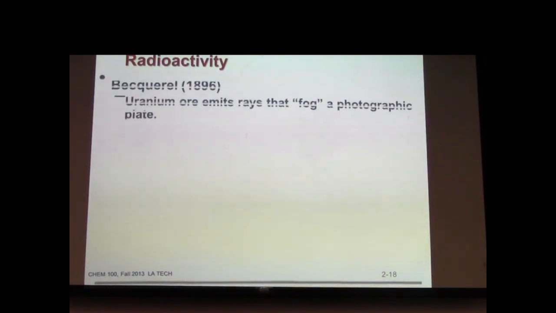Then he couldn't figure it out. Each time he kept the photographic plate there, it happened. Then he removed this mineral sample, right? Okay, that's a discovery, right? So he found out that certain radiation emitted by this uranium sample fogged the photographic plate.